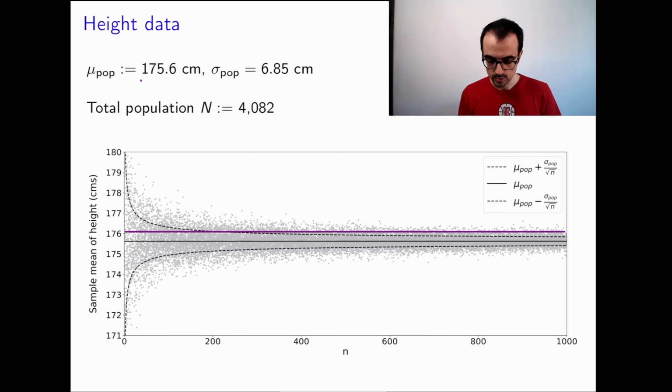So we are interested in the probability of deviating by 1 centimeter, for example. What's the probability that we are going to obtain points out there?